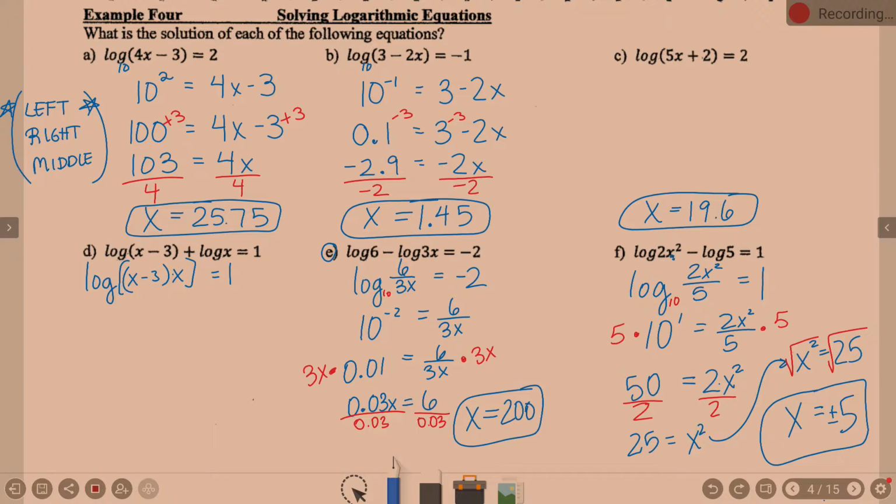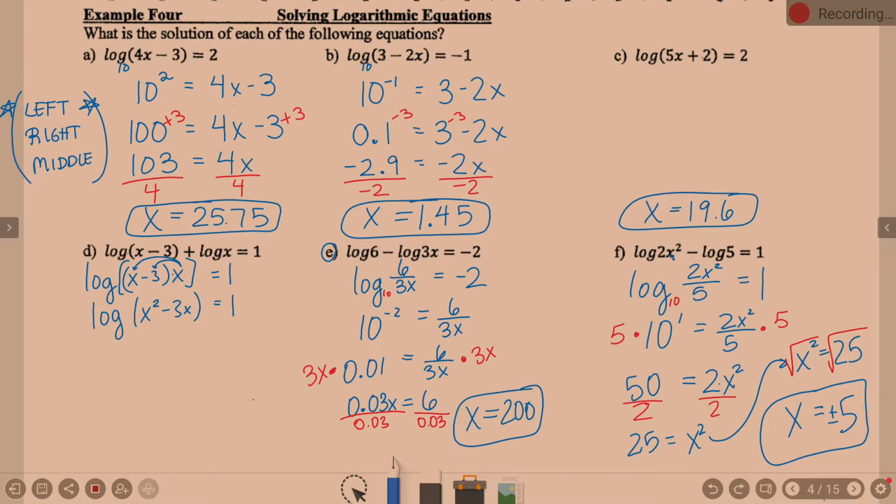Now, what is x times x minus 3? Okay, yes, so we are distributing. So I'm going to go ahead and distribute that and say that this is log of x squared minus 3x equals 1. So 2 logs being added were rewritten with the one log where the insides are multiplied. I now have 1 log equal to a number.